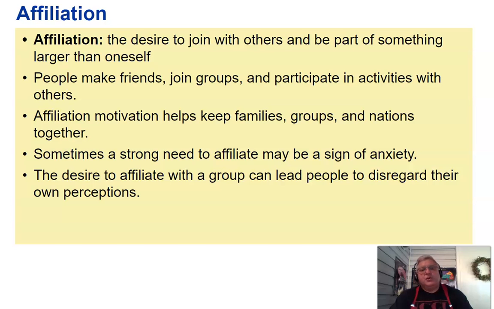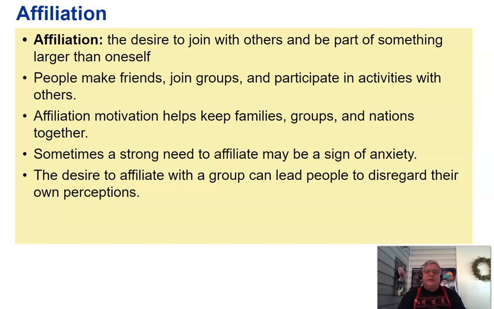People make friends, join groups, and participate in activities with others. We see this with sports teams all the time. Everybody joins the bandwagon for the team that's winning. Affiliation motivation helps keep people, families, groups, and nations together. We try to make affiliation that we're all part of this particular group, so we're all going to pull in this together.